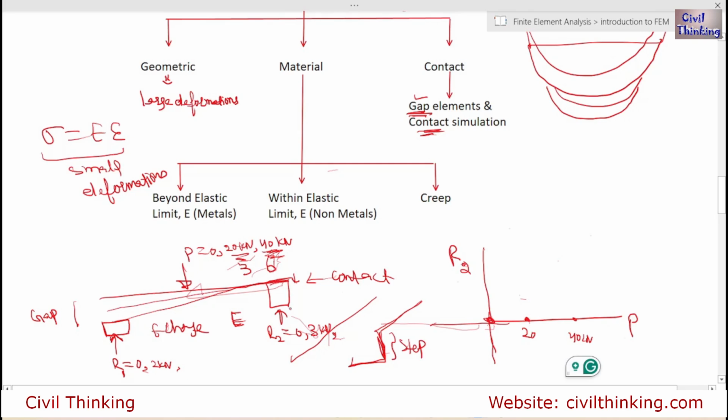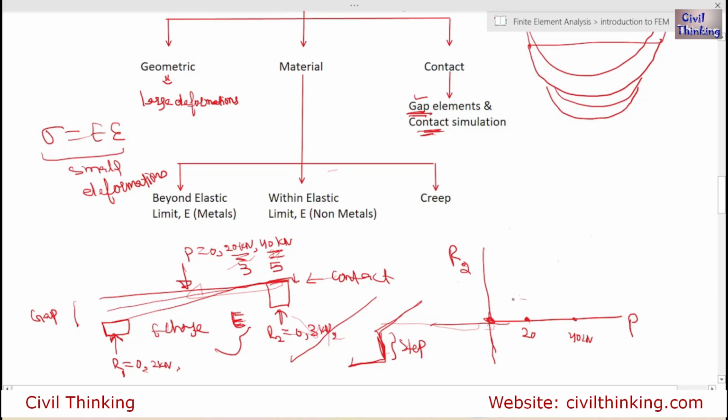But due to the compression, E will change. When E changes, the slope of the curve changes, so it becomes non-linear. So this won't be 6. This will be maybe 7, or maybe less than 6. It could also be only 5. That depends on the body, but the basic concept is the E will change, the relation won't be a linear relation anymore.